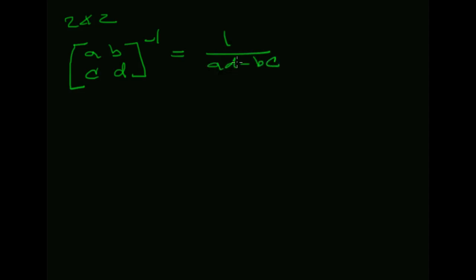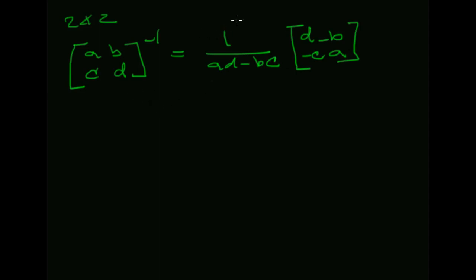There's an easy way to do this for 2 by 2 matrices by hand. If I have a matrix in the form a, b, c, d, and I want to calculate its inverse, there's a bit of a trick to this. I take 1 over ad minus bc, so that's this way minus that way, times a matrix where I switch the a and the d, and I make the b and the c negative, and you will get an inverse for a 2 by 2 matrix that way if it exists.